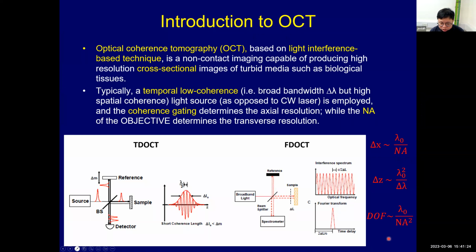There's also another term we call depth of focus. Those of you from other optical microscopy like confocal should be familiar with this term, which determines the axial resolution for most microscopy techniques like confocal or, to some extent, two-photon microscopy.